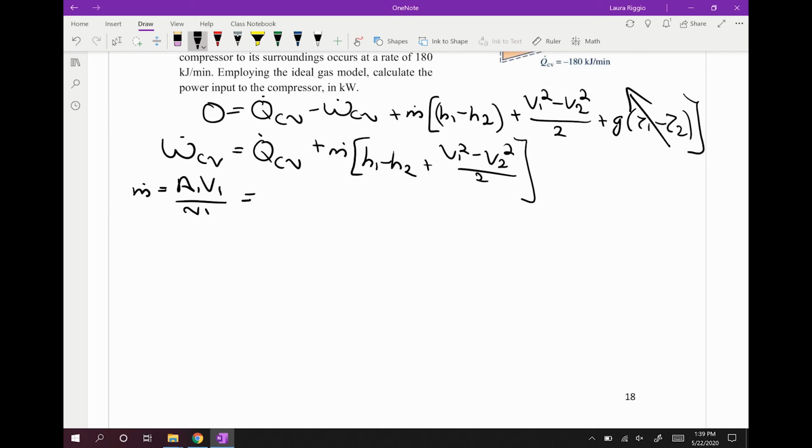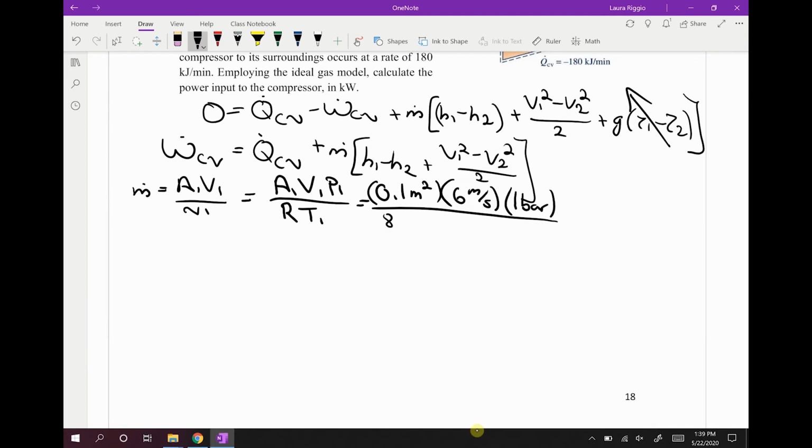And since this is an ideal gas, we're going to employ the ideal gas law and get that our mass flow rate is equal to our area times our velocity times our pressure divided by R and our temperature, which is 0.1 meters squared times 6 meters per second times 1 bar divided by 8,314 joules per 28.97 kilogram Kelvin times 290 Kelvin equals 0.72 kilograms per second.